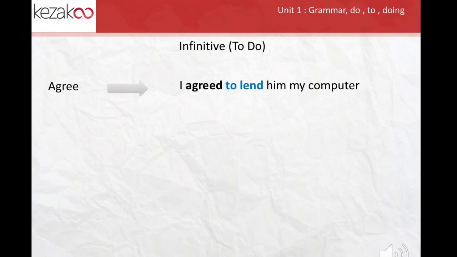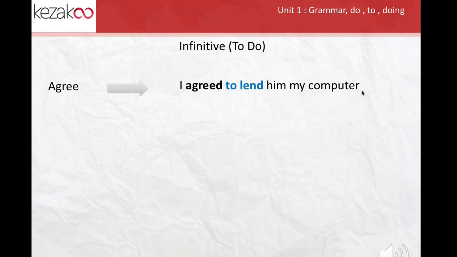So we have I, which is the subject, agreed, which is the first verb, and then the second verb, which is to lend. I agreed to lend. So to lend is an infinitive with to, to do.